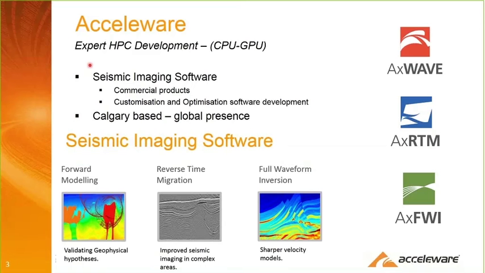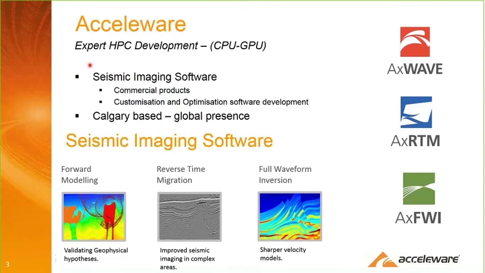But we also do a lot of customization and software development for various companies, taking development code and turning it into production-ready software. We're Calgary-based, but we've got a global presence, and we work with companies around the world, from super majors, national oil companies, small companies, consultants, so the whole gamut.